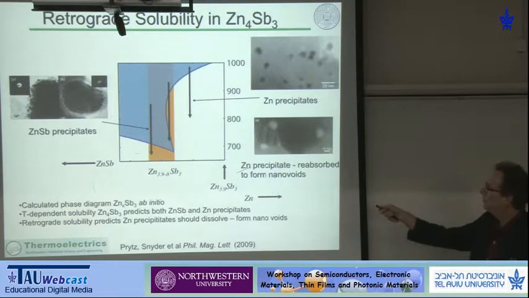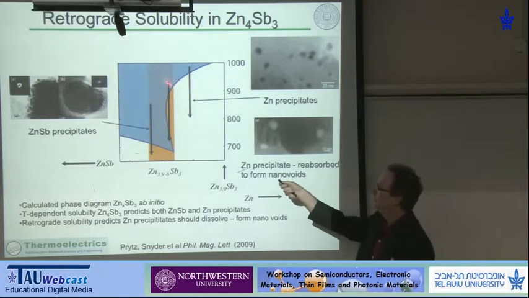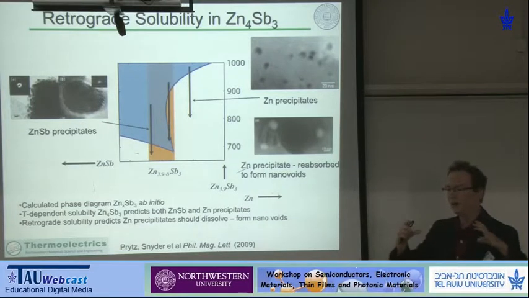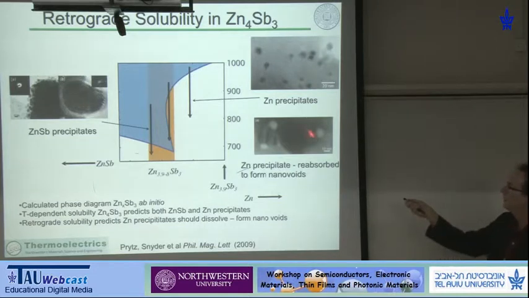On the other side, we should have zinc-rich precipitation. We have extra solubility of zinc at high temperature that should lead to zinc precipitates at lower temperature. And there's even a retrograde solubility regime that leads to zinc precipitation spreading, forming those zinc particles that then reabsorb into the material, and we end up with these nanovoids in the material.